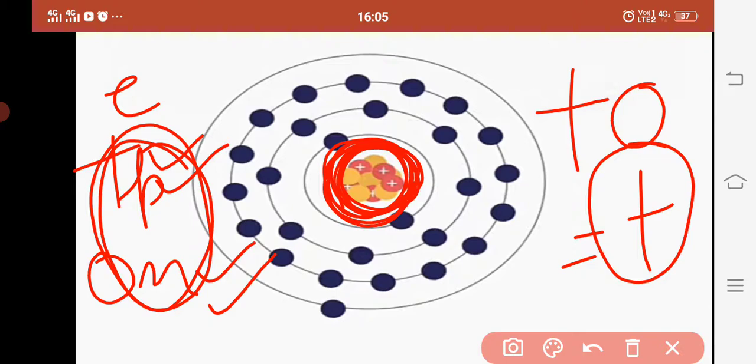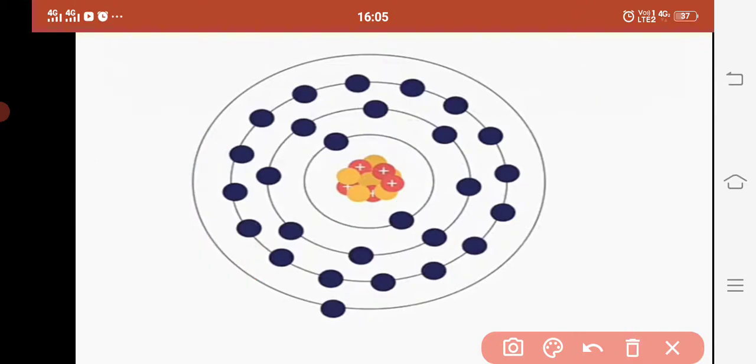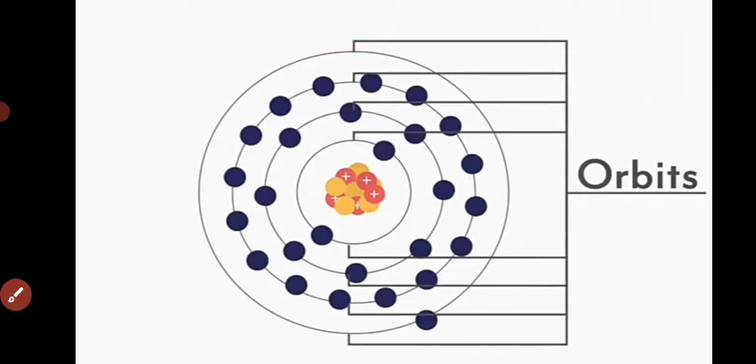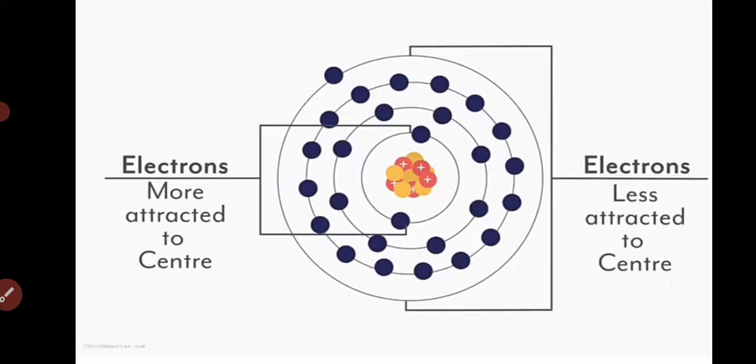Now, outside this nucleus, there are a large number of orbits in which the electrons are free to revolve. The path in which the electrons move is known as either an orbit or a shell.